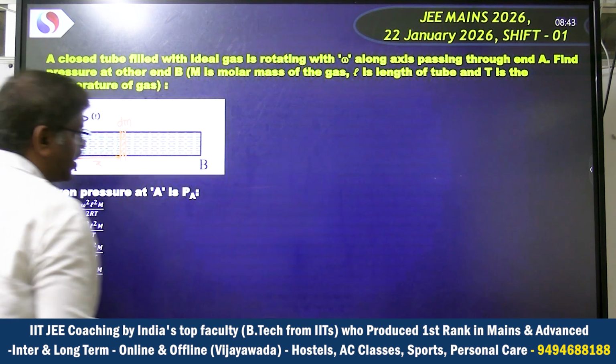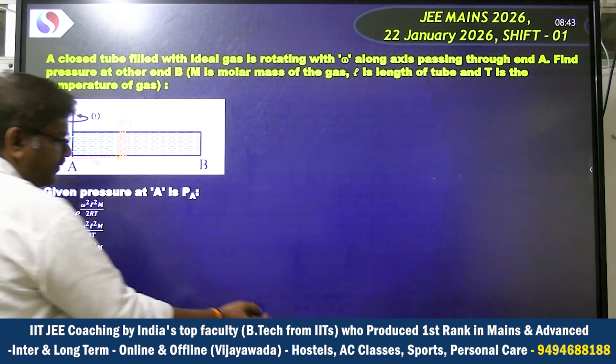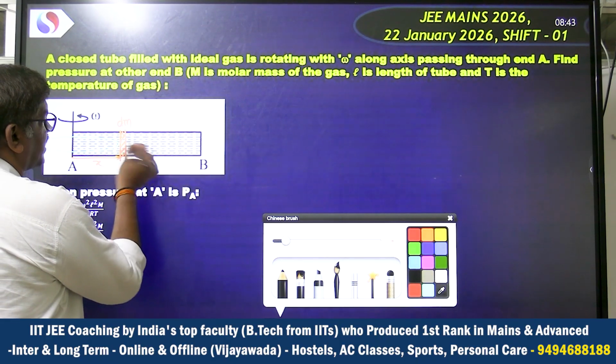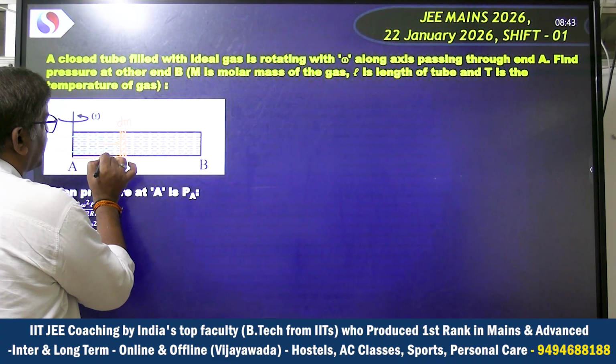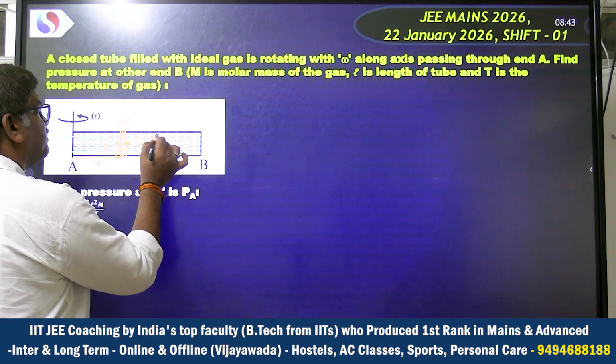That means it needs what? It needs the centripetal force, and the force which is given by the pressure difference is the only centripetal force. Means from here if the pressure is P, then from this side the pressure will be slightly more, which is P plus dP.